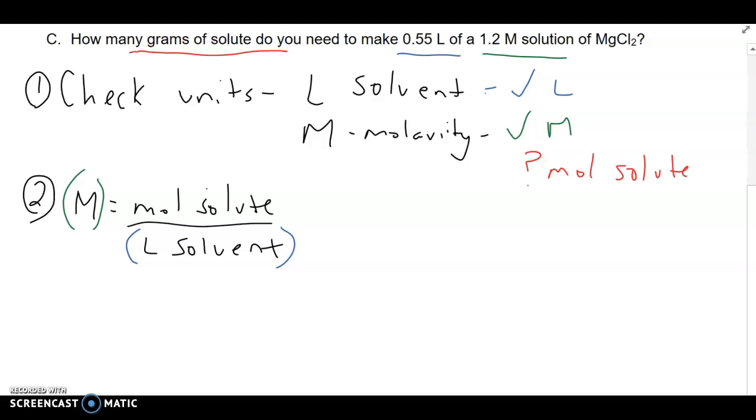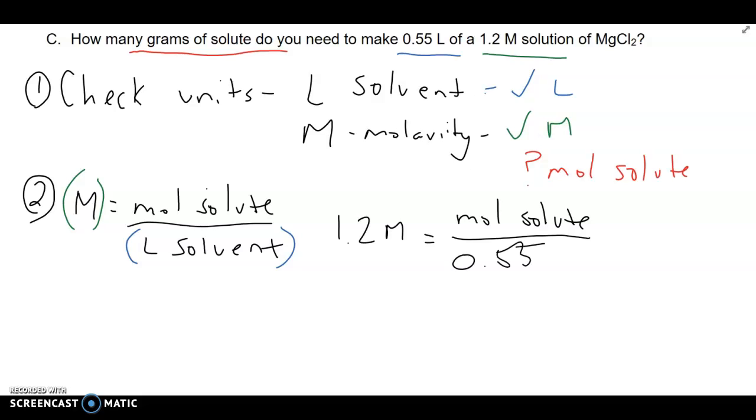We're going to have molarity, which is 1.2 molar, equals moles of solute over 0.55 liters of solvent.